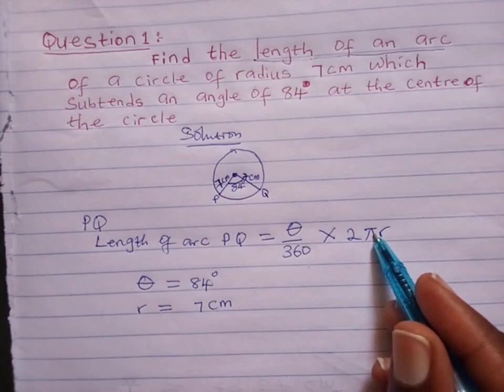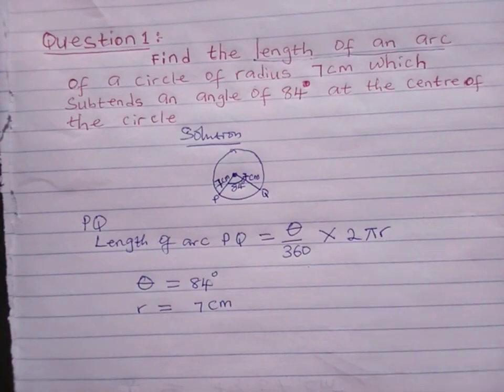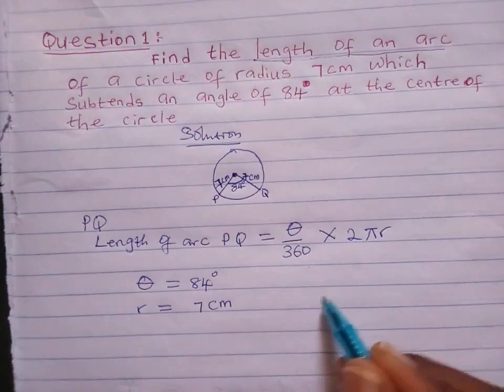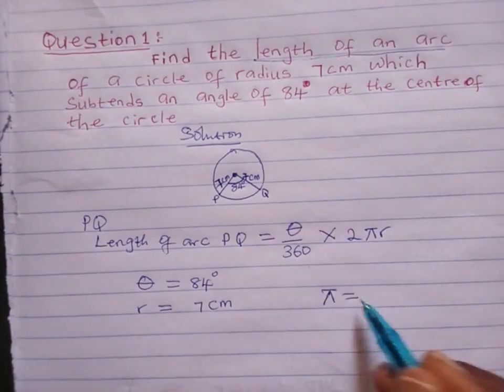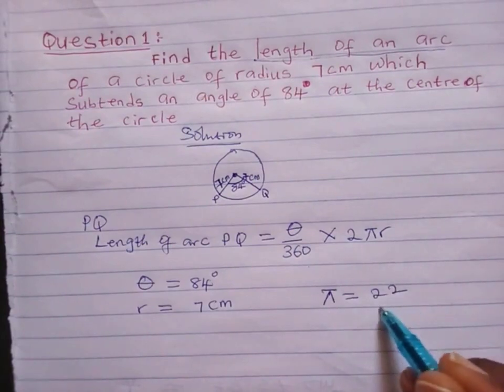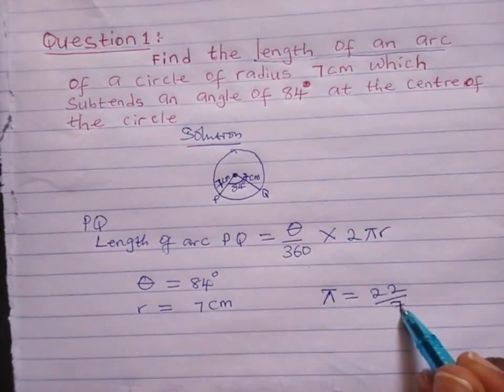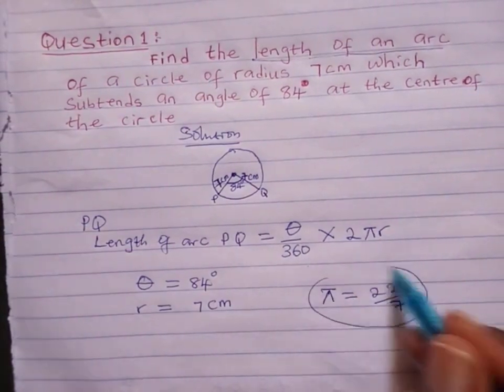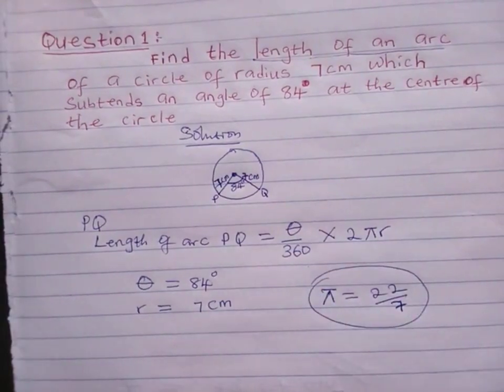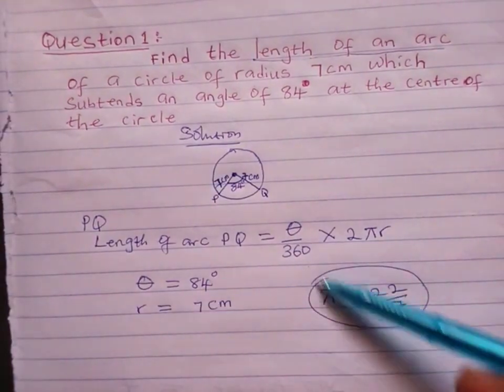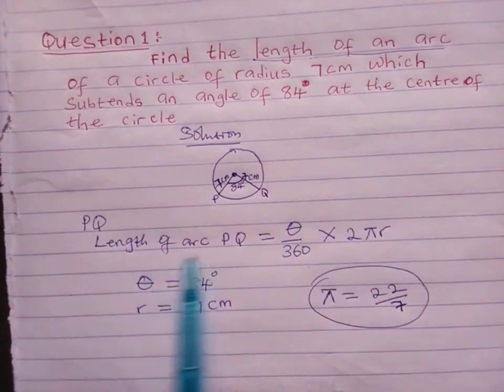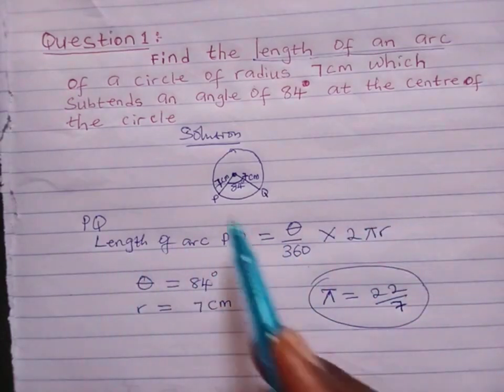Of course, our pi is always known. Pi is a constant, and pi is always 22 over 7. This is always the value of pi. It is a constant. Now we can substitute all of these into this equation to find the length of the arc PQ.